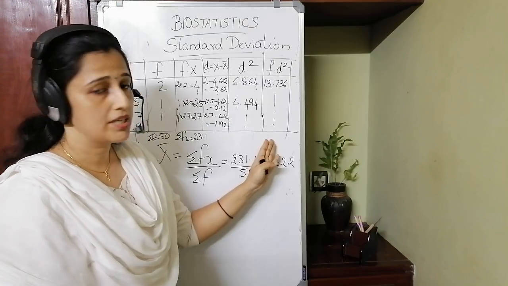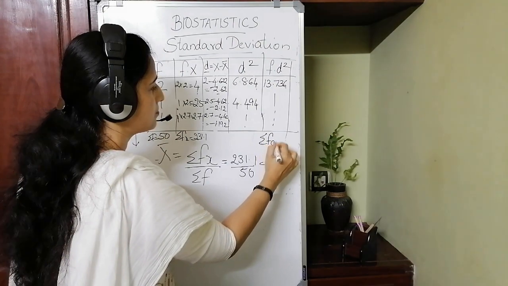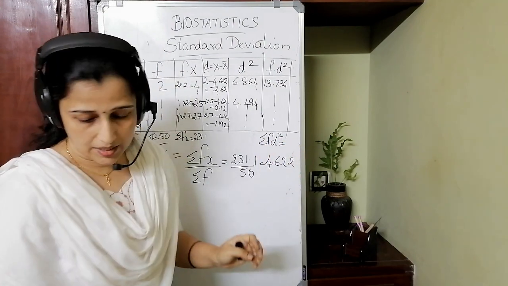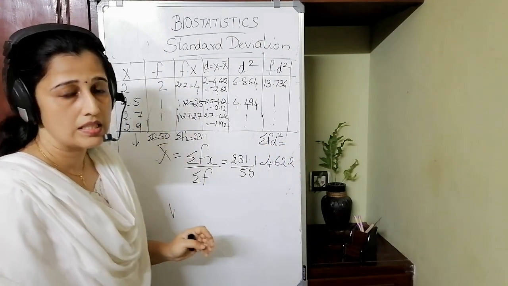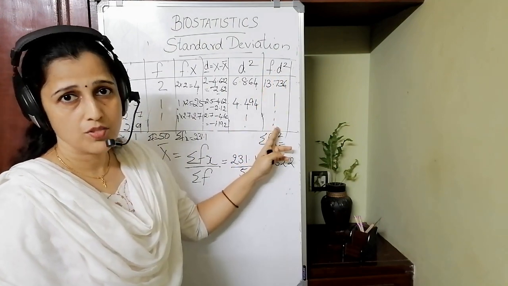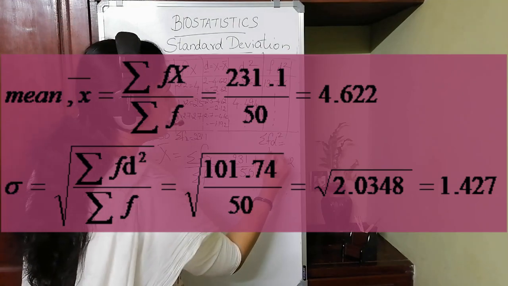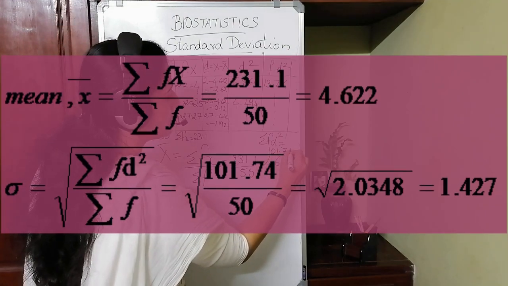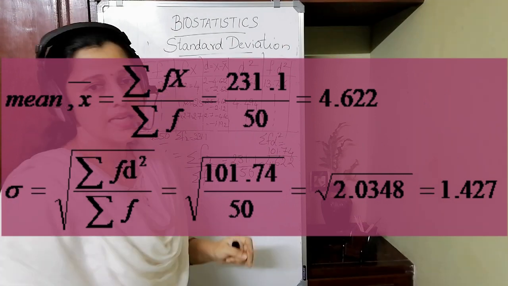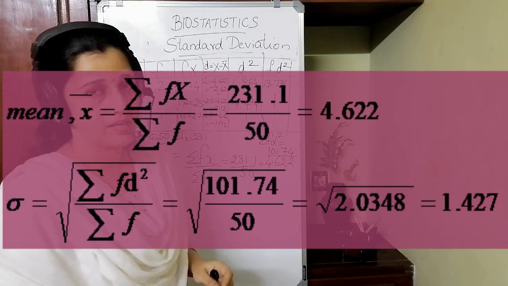After completing FD square, we can find sigma FD square, which is the total of all the values in this column. So sigma FD square is equal to 101.74.